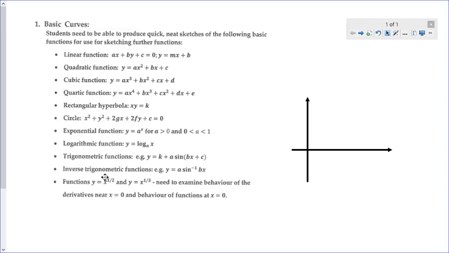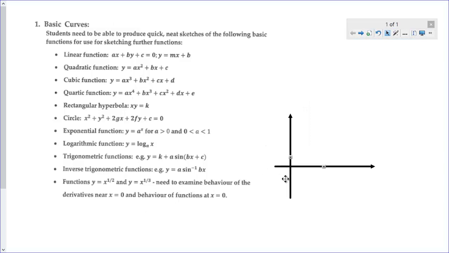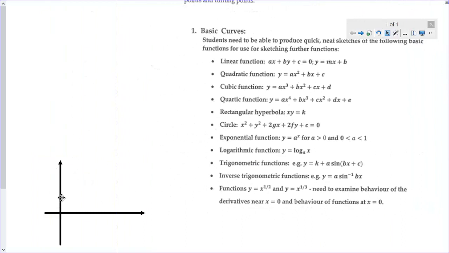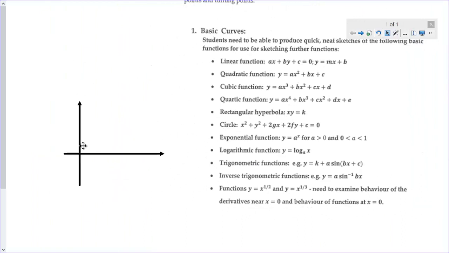Now I'm going to move things around here so we can have a better look at what happens there. There we go. Okay, so the graph of y equals x to the half looks like that.